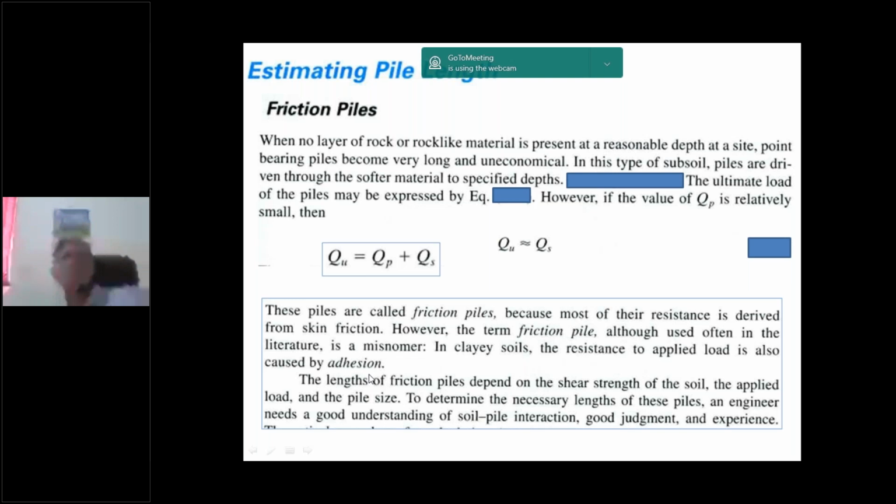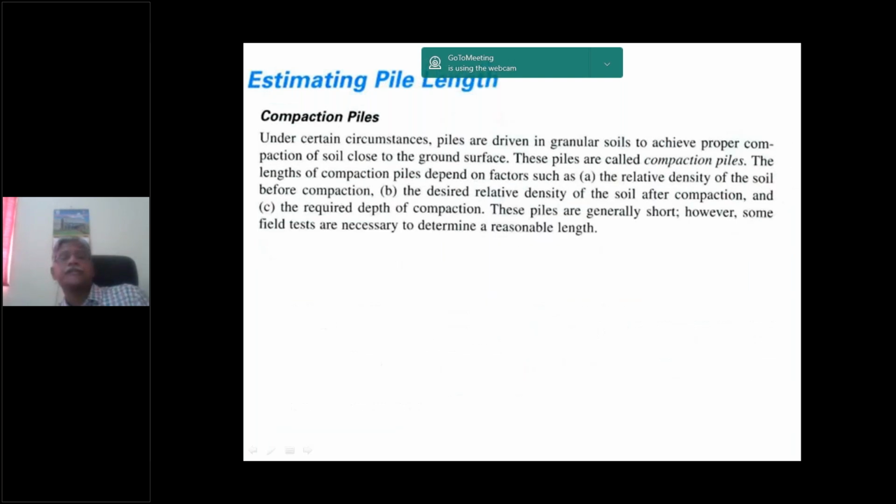So the pile length can be calculated based on certain conditions. We should know the capacity, and the length of the pile can be variable. So based on the capacity and the actual load applied, the length of the pile can be calculated.